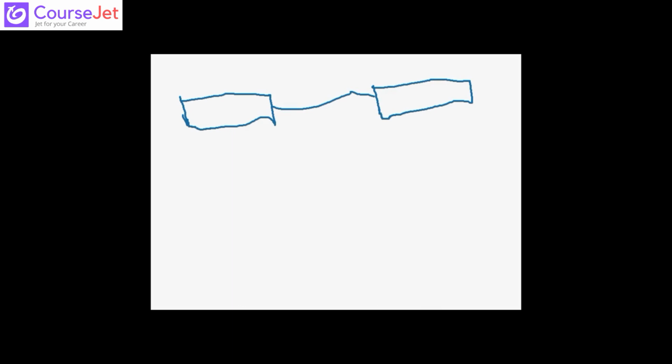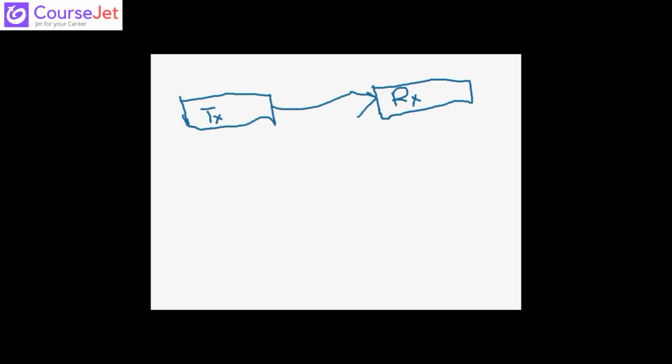Transmitter we are calling TX, and receiver we are calling RX. Here only the transmitter will be able to transmit data, and the receiver will not be able to respond back. This is your simplex communication.